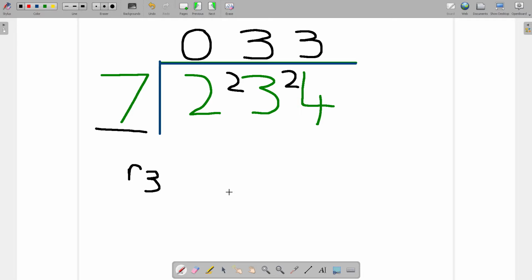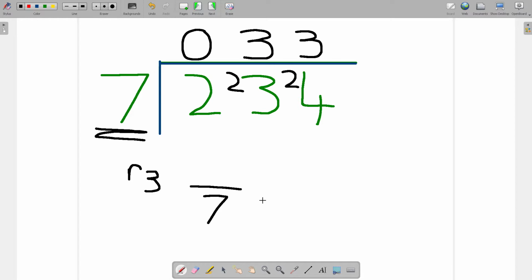Okay, now in order to give us a mixed number so that we have that remainder as a fraction, what we have to do is have a look at how many parts there are in a whole one, which is 7. So there would be 7 equal parts in a whole, so that will be our denominator.